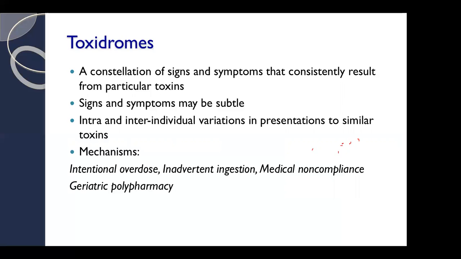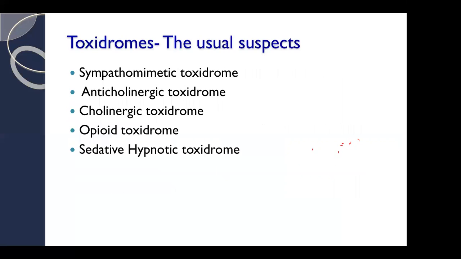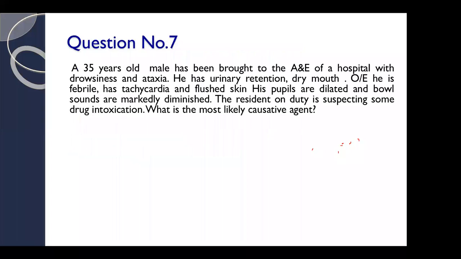So this polypharmacy has to be carefully monitored in these patients, because these are the group of patients which are prone to developing these toxidromes due to this polypharmacy, rather than the inadvertent injections or the intentional overdose, right? Okay, the usual suspects are sympathomimetics, anticholinergics, cholinergics, opiates, and sedative hypnotics. Due to time constraints, I'll just discuss some of the important aspects, right?